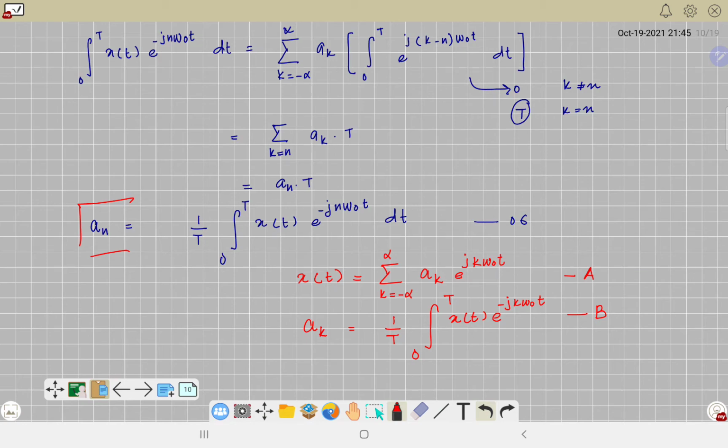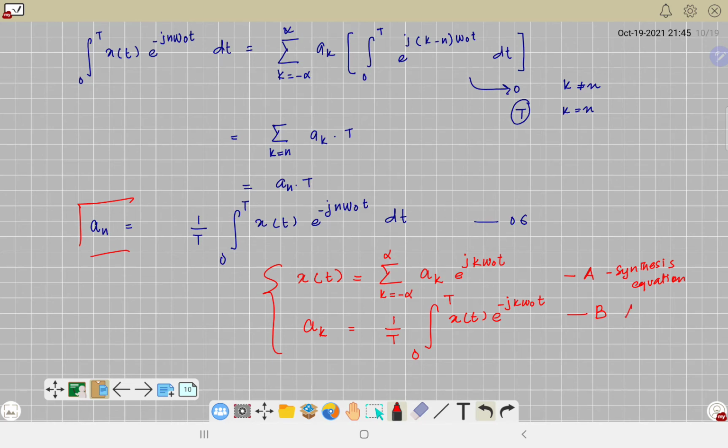Now, this makes up your Fourier series. X of t is a representation. Then for analysis you need to compute the coefficients, for which we have the second formula. Equation A, this one, is referred to as the synthesis equation, because you're actually synthesizing your arbitrary signal in terms of exponential signals.